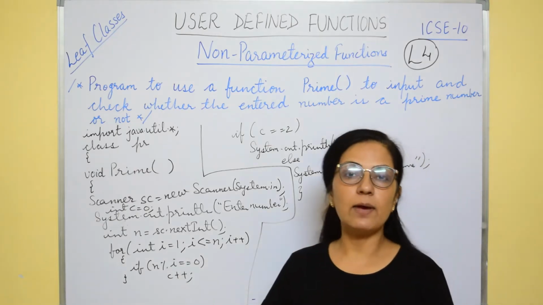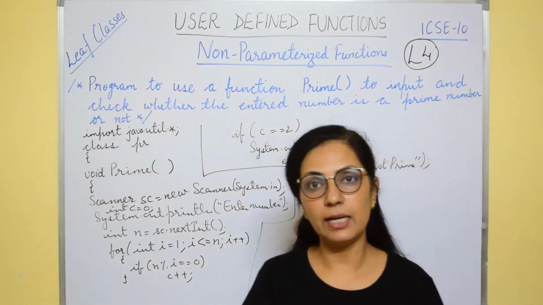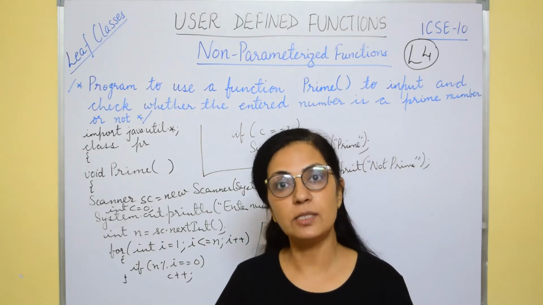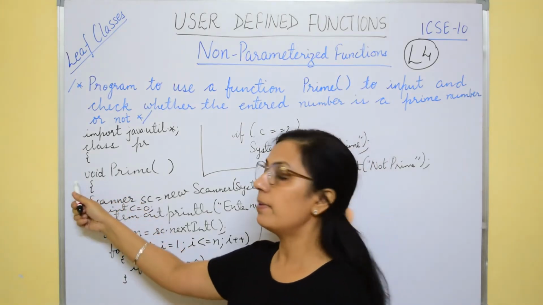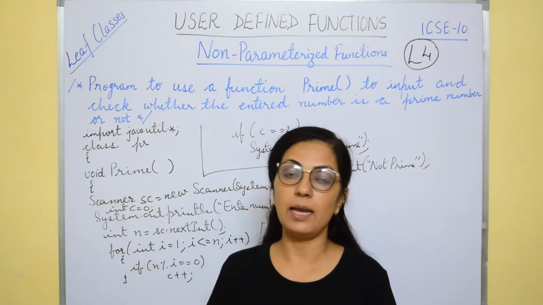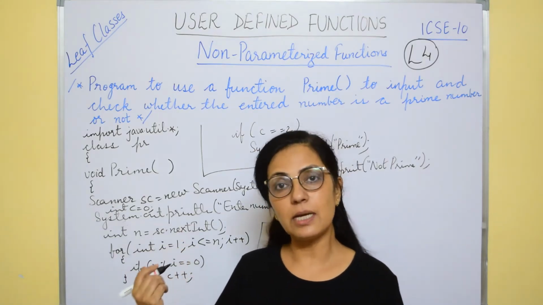So in this function what we have done, we have entered, we have checked, and we have displayed, and the return type is void because it is not returning any value, so there is no return statement also.